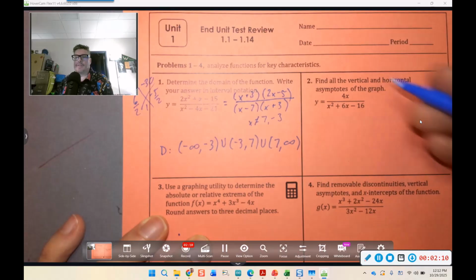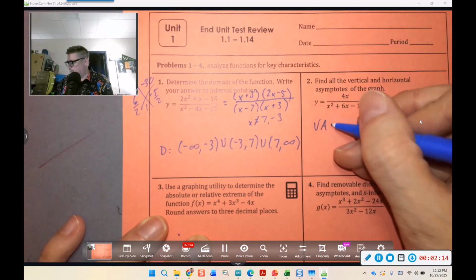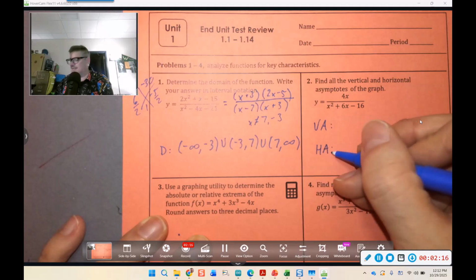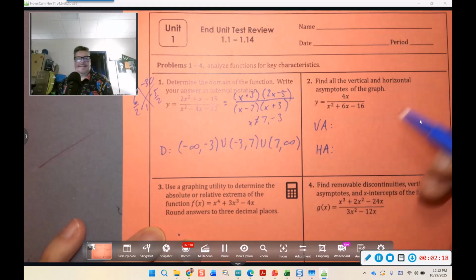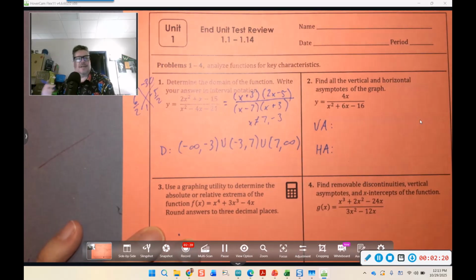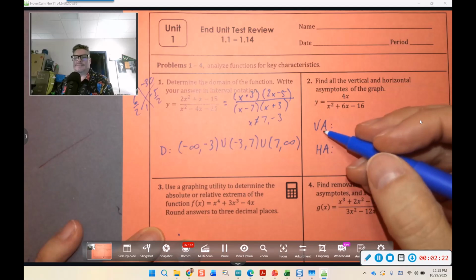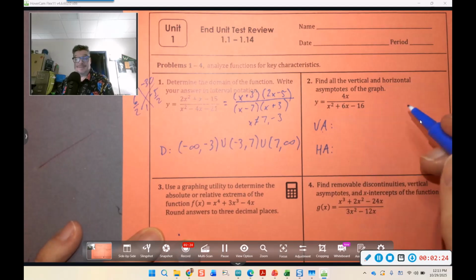All right, now this is saying find all the vertical and horizontal asymptotes. These are going to be easy to identify because they both have techniques. The vertical asymptote is found by finding what equals 0 and doesn't cancel. The horizontal asymptote is looking at the powers.